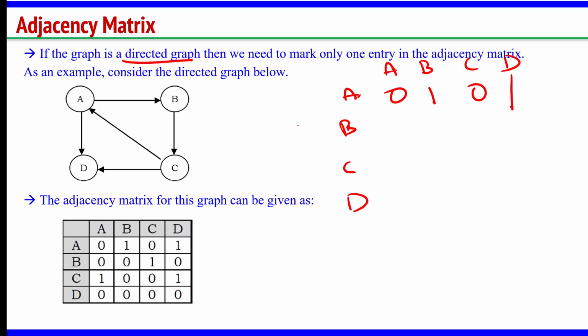From B to A? No. B to B? No self loop. B to C? Yes. B to D? There is no direct path. Like this, you can fill in the paths between the graph elements.